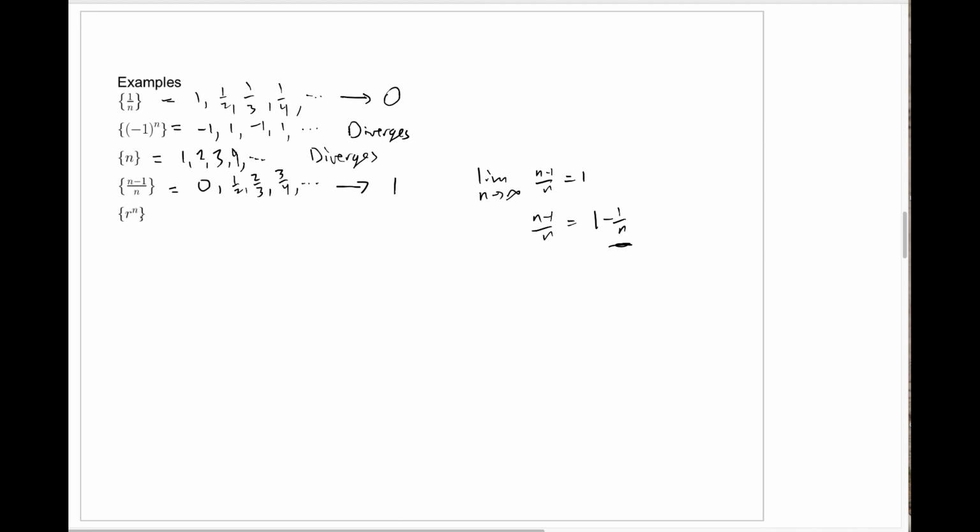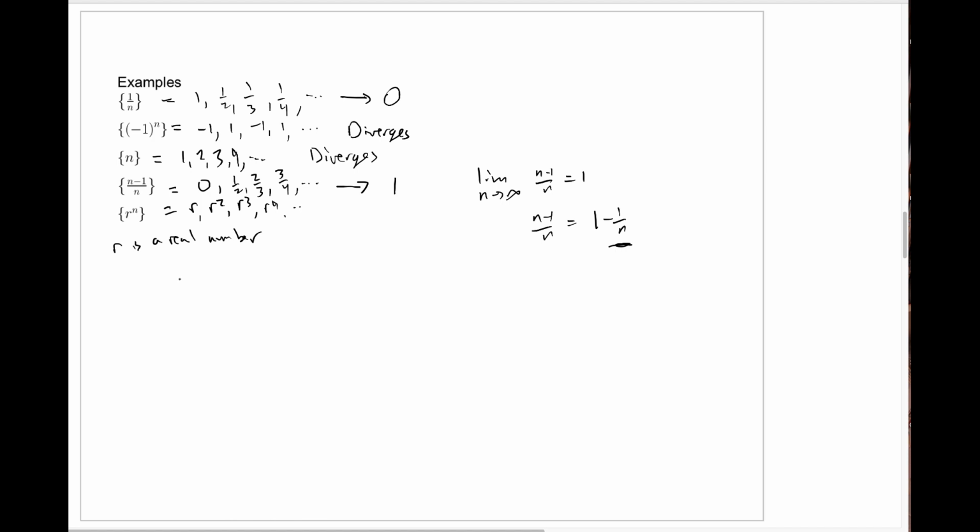What about a sequence like this, r to the nth power, where r is just some real number? This is the sequence r squared, r cubed, r to the fourth, etc. Well, here the behavior depends on what r is. So let me show you an example.